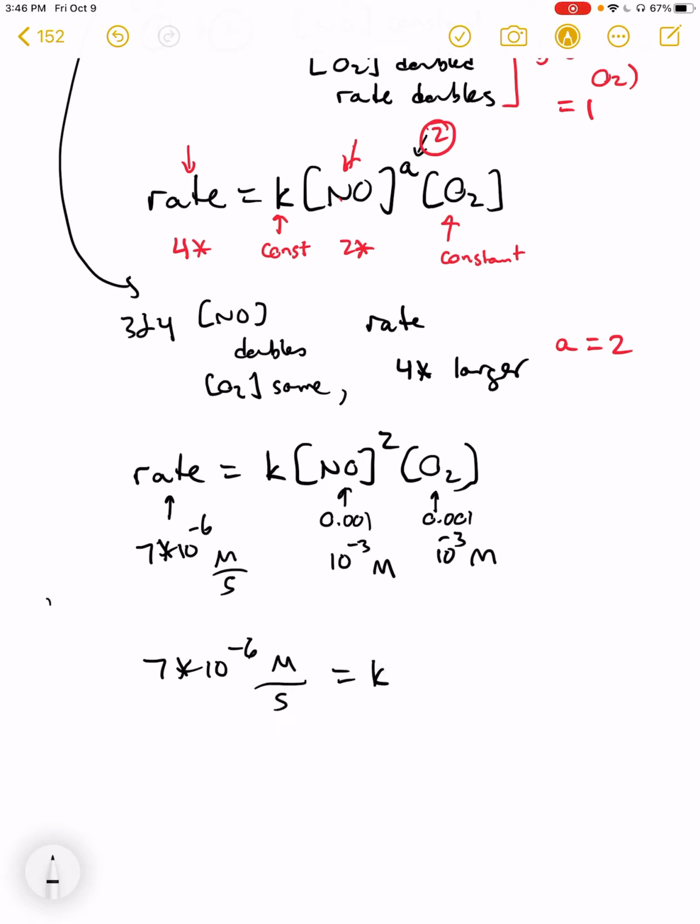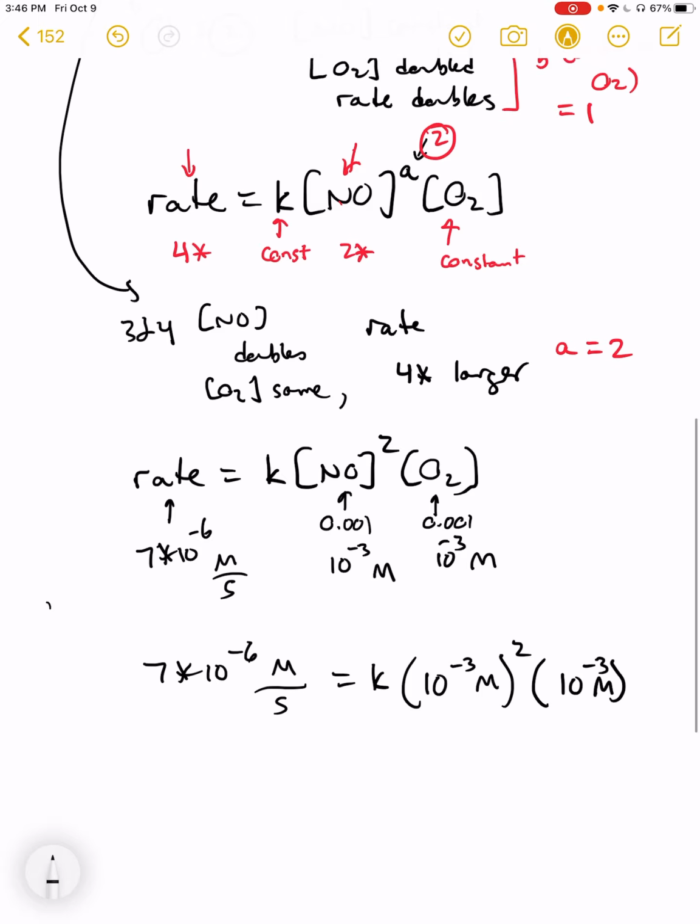That equals K. And then this is going to be 10 to the negative 3 molar squared. And this is going to be 10 to the negative 3 molar. I can divide both sides by 10 to the negative 3 molar squared, 10 to the negative 3 molar.